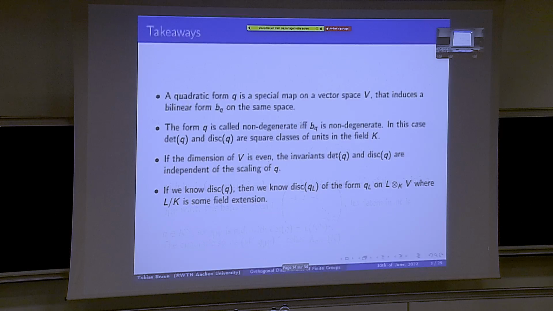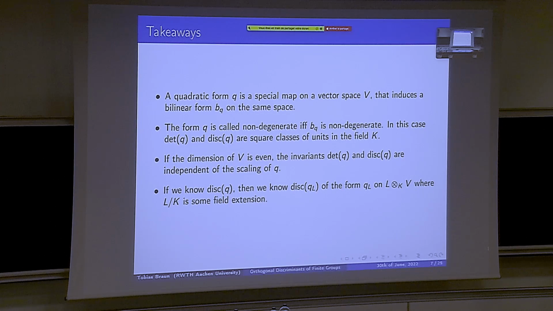OK. That's about it, what I want to tell you about quadratic forms, and I just want to point out the most important things. The first one is just the reminder of the definition. A quadratic form is nothing but a map on the vector space that induces a bilinear form B_Q on the same space. We call the form Q non-degenerate if and only if B_Q is non-degenerate, or equivalently if the determinant of any Gram matrix is invertible.